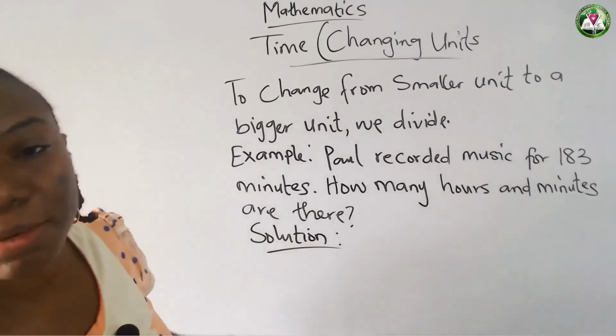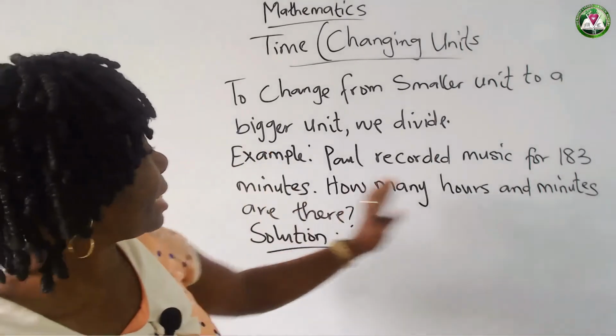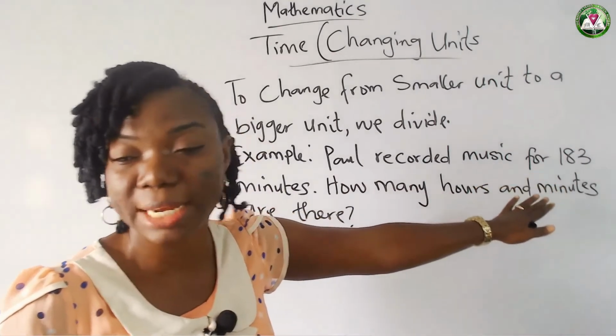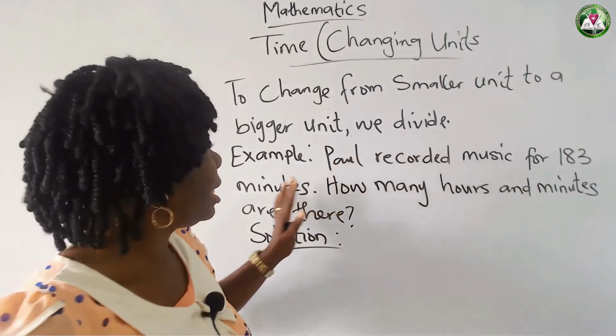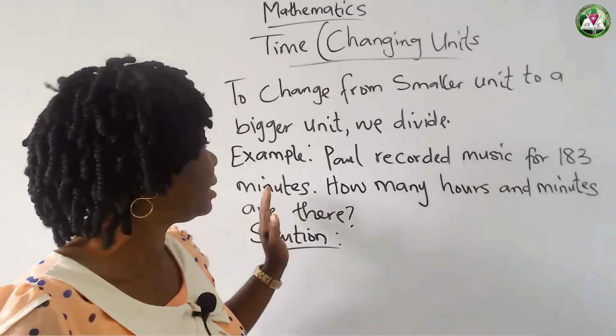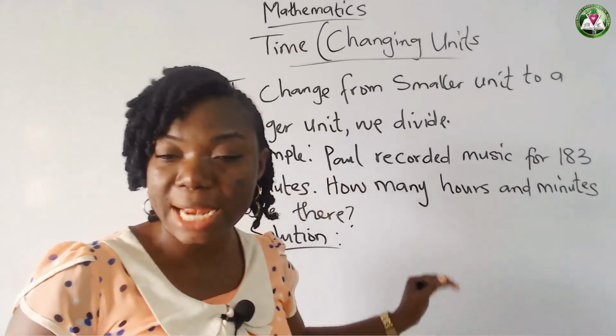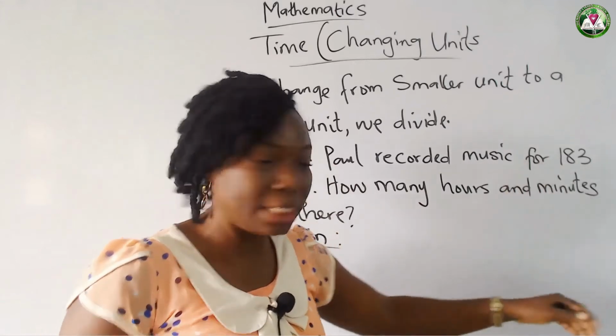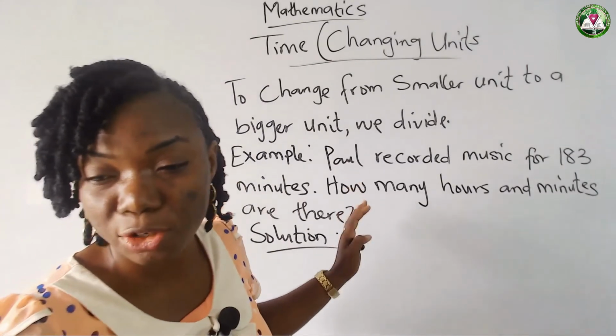Remember that we said when we want to change, you can see that the time he recorded the music is in minutes. He recorded in minutes. Now we are changing it to hours. You can see that hours are bigger than minutes. We are changing to hours and minutes. That means we are going to divide.